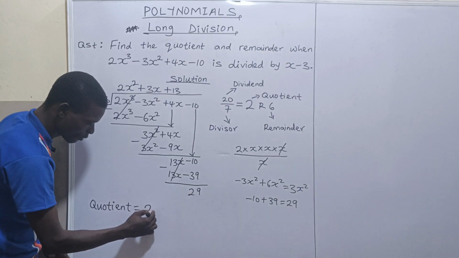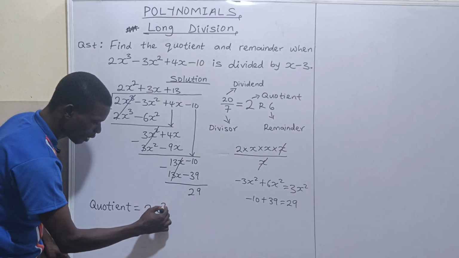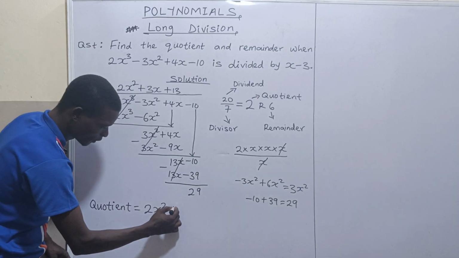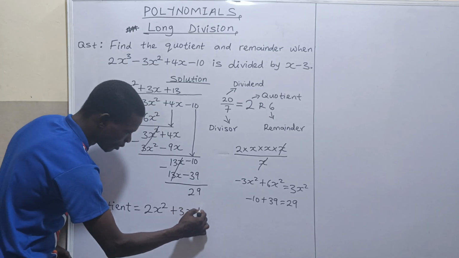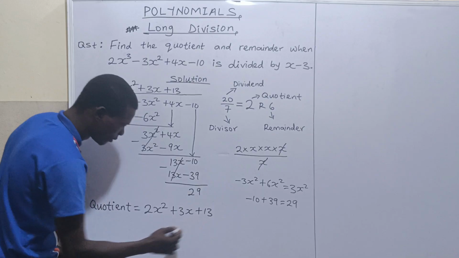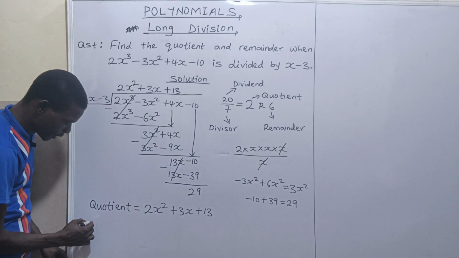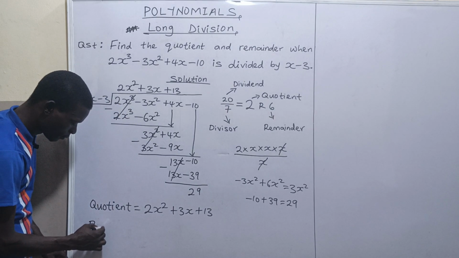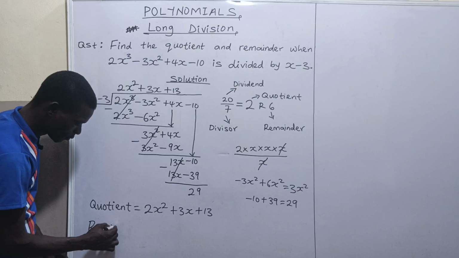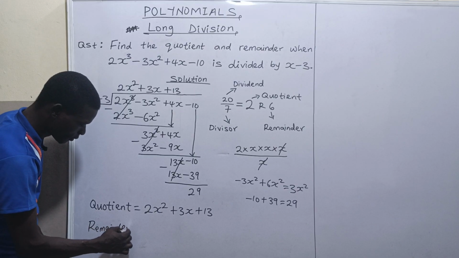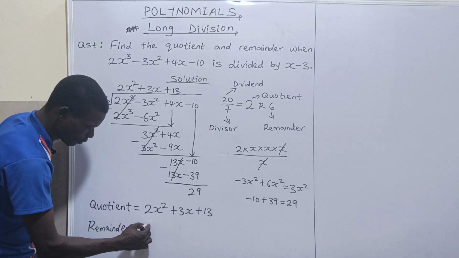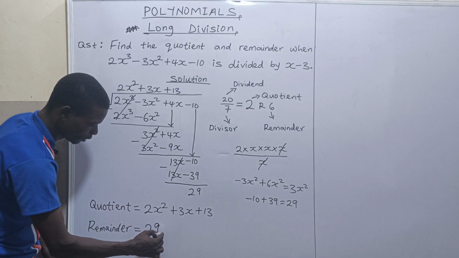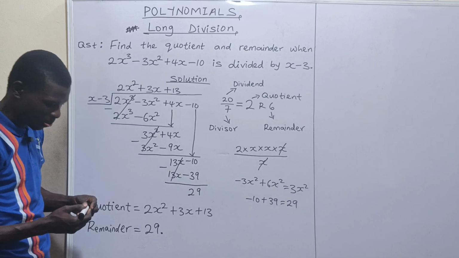That is 2x squared plus 3x plus 13. And of course, what is the remainder? The remainder is what we have here, which of course is 29.